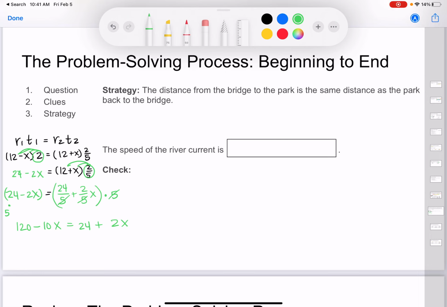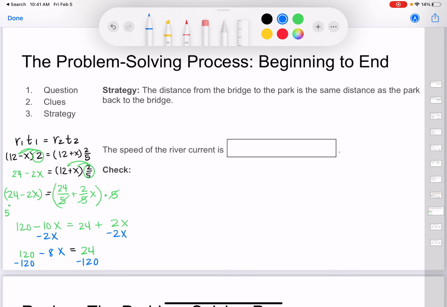So I'm going to do minus 2x, minus 2x, which gives me 120 minus 12x is equal to 24.